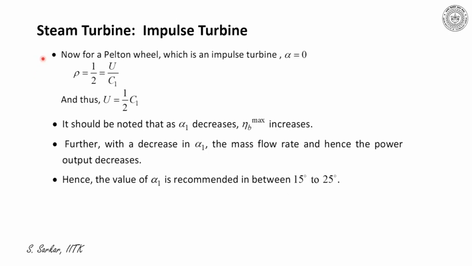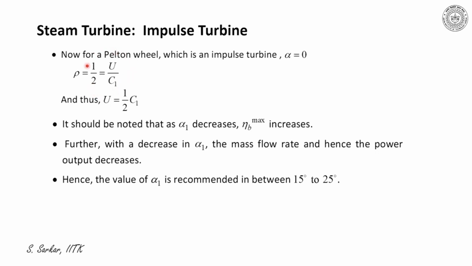Now, let us consider a special case of a Pelton wheel. For a Pelton wheel, we know that alpha is equal to 0, and Pelton wheel is an impulse turbine. Thus, when alpha is equal to 0, rho would be equal to half. That is, U by C1 is equal to half.